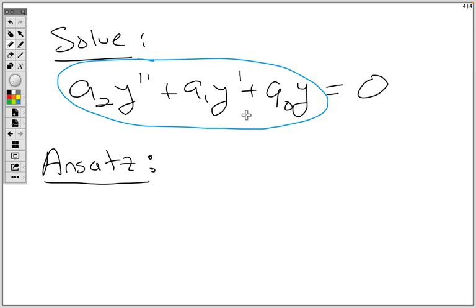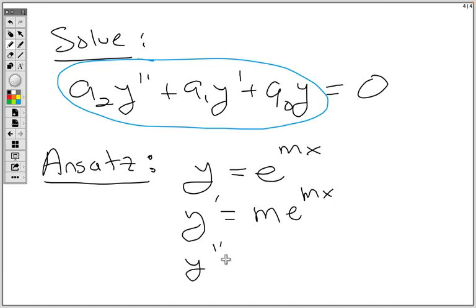The coefficients might change out front, but the function itself really isn't changing much. So we could try exponential functions. We're going to make the assumption that my solution looks like e to the mx, because when I take derivatives of e to the mx, the m just comes out front.